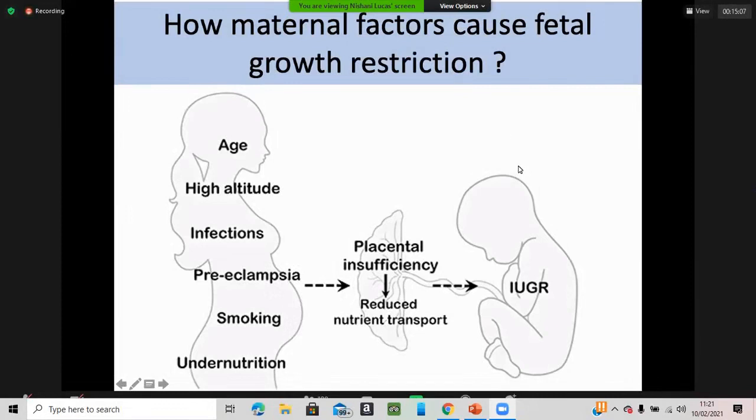So how do the maternal factors cause fetal growth restriction? So there are certain things which will affect the placental growth. Age, altitude, infections, preeclampsia, smoking, undernutrition, all these can result in placental insufficiency, which will in turn result in reduced nutrient transport and resulting growth restriction of the baby.